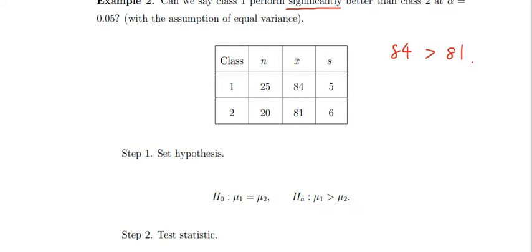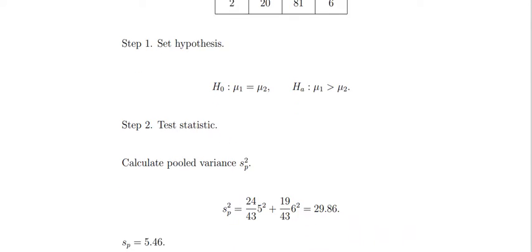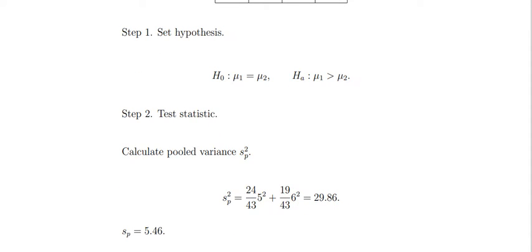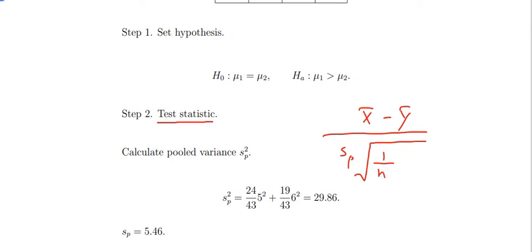So sigma 1 and sigma 2 are equal, so we have one sigma. The test statistic formula is x bar minus y bar over sigma times the square root of 1 over n1 plus 1 over n2, and we can replace sigma by Sp, the pooled standard deviation. So we should use this as the test statistic.